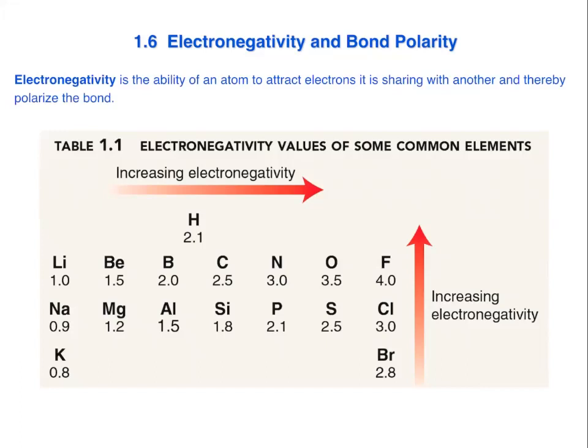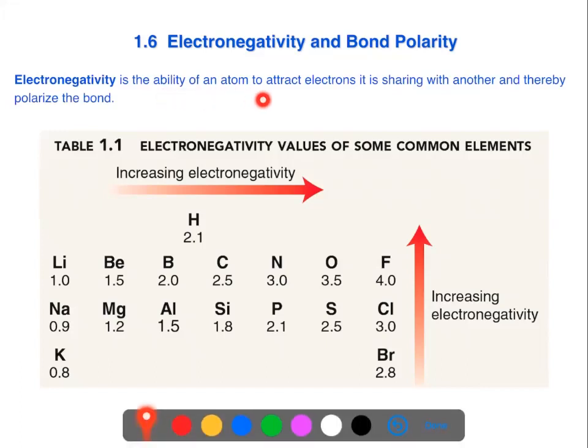And so one definition that we can use to describe electronegativity is what's shown here, that it's the ability of an atom to attract electrons it is sharing with another. And as a result of that unequal sharing of electrons between one atom and another, we polarize the bond.